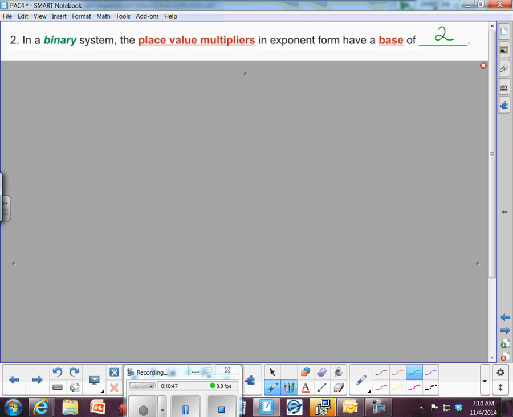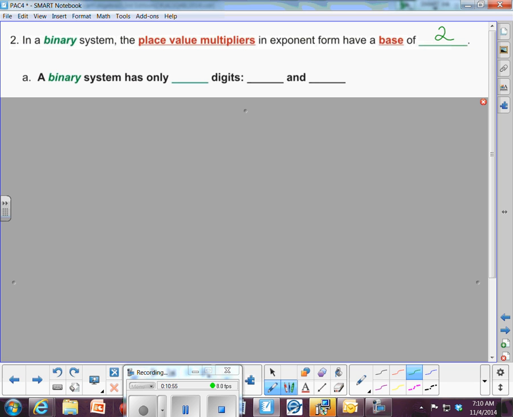Binary system. Anybody know why in our world today a binary system is important? Well, don't miss this: computers are based upon a binary system. The electronics of a computer all work on the basis of a binary number system. So how many digits does our binary system have?